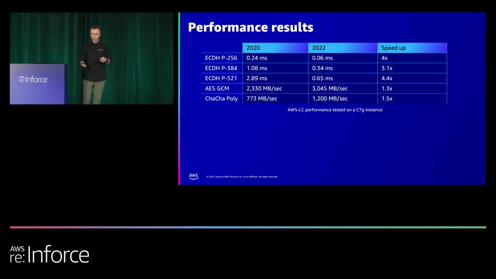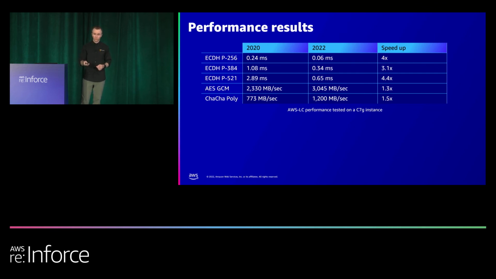AES-GCM is highly used because it's been highly optimized, and there's lots of hardware support already in use in modern processors. And ChaCha-Poly is widely used because it's efficient for low-powered devices such as phones to implement in software. And I should quickly call out the ECDH numbers are measured in milliseconds. So that is the time for one operation, and lower is better.